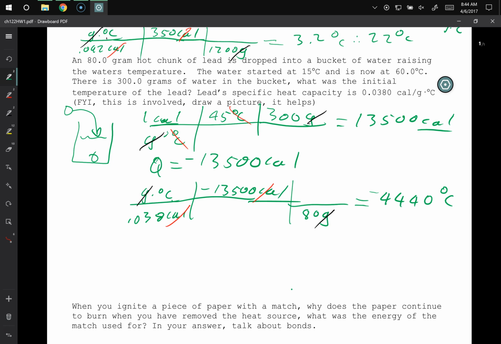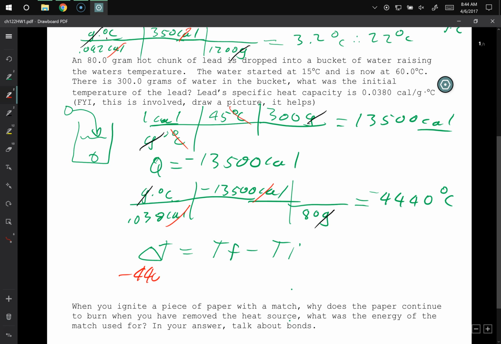So then my change in temperature is temperature final minus temperature initial. And what I know is my change in temperature is negative 4,400 degrees C. And my final temperature is what I'm looking for. And my initial, no, I screwed that up. No, that's right.